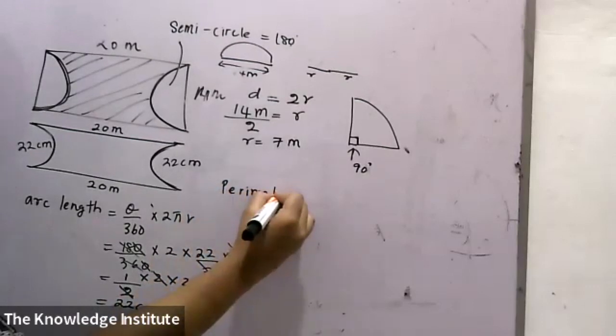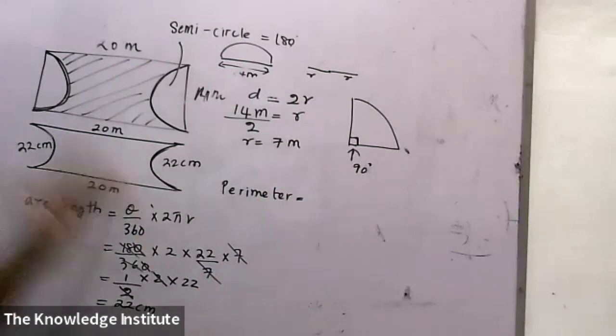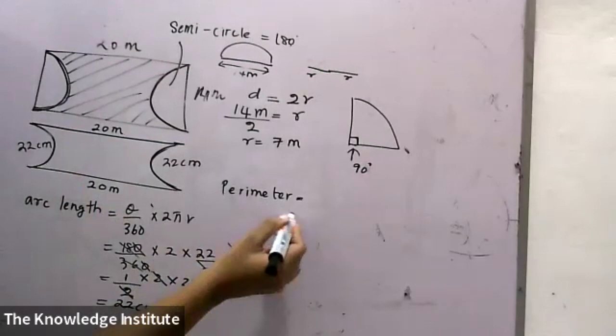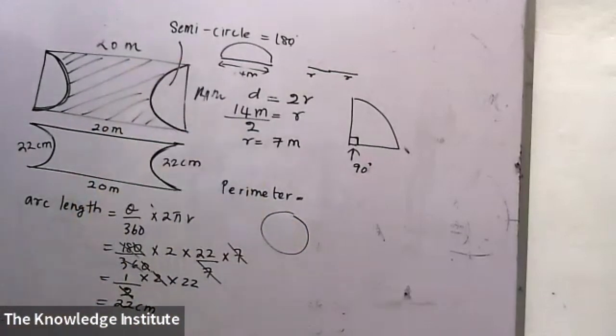Yes. We can take those two semicircles as one circle and find the answer, right? Don't do that. They have given it as semicircles, so you have to use the semicircle's equation. Got it? If they want to test you on a whole circle's theory, they will make it a circle and tell you to find it.